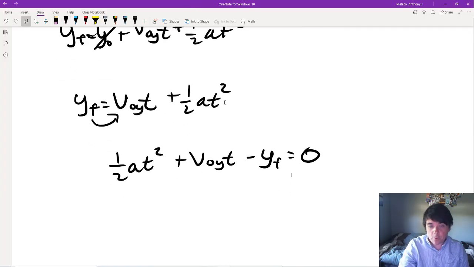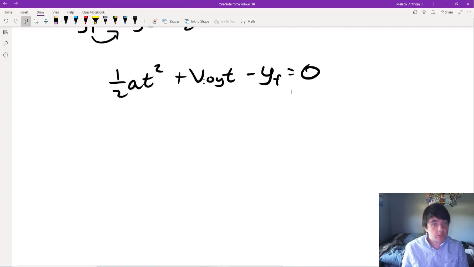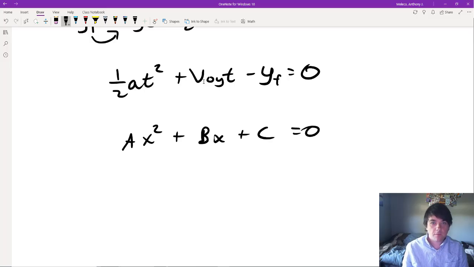Now, if you remember what a quadratic equation looks like, it takes on the form ax squared plus bx plus c equals 0. v naught y is b, 1/2 a is a, and minus y final is c.